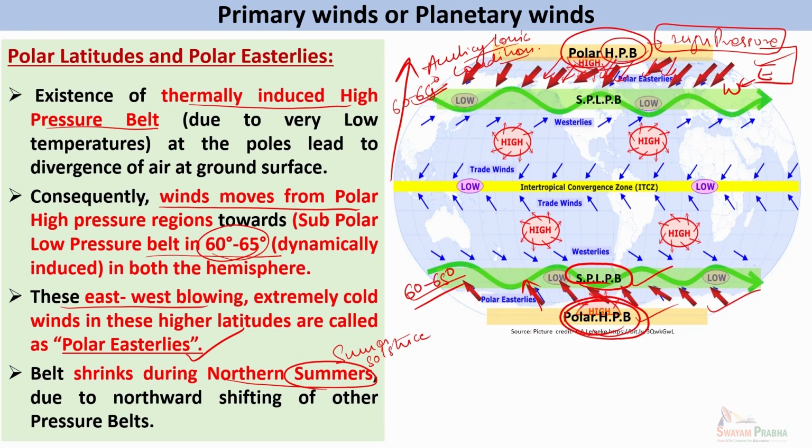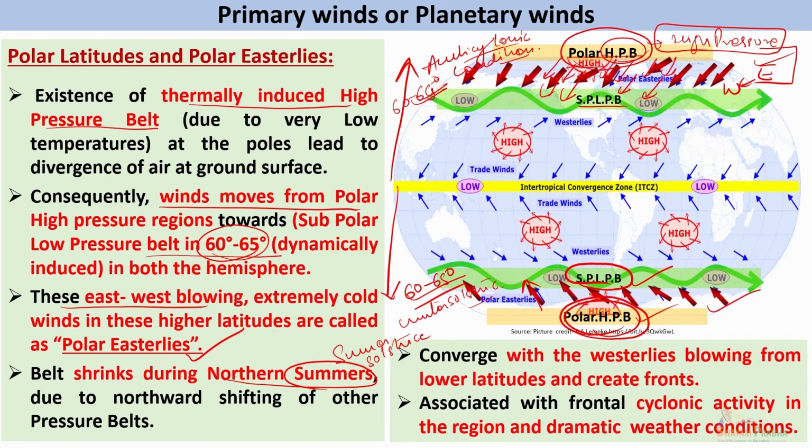However, the situation changes due to the southward shifting of the pressure belts during the winter solstice. That is when you have winters in the northern hemisphere and summers in the southern hemisphere. So as the belts again shift southward, the polar easterlies re-establish themselves in the regions extending between the polar areas and subpolar low pressure belt zones.